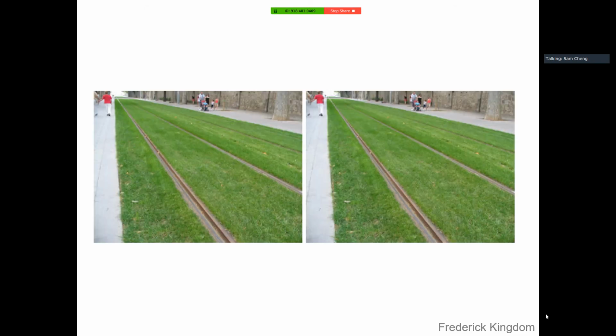But if you have multiple cameras, then just using trigonometry, if you know the corresponding point from one scene to another scene, you can predict the depth of that point as well. So combining that you can get the exact 3D information.